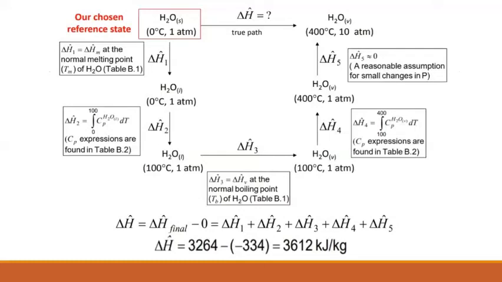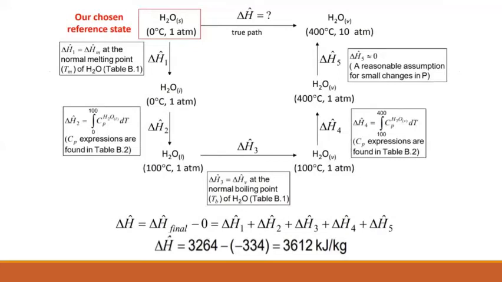And lastly, H5 is the shift of the pressure, from 1 atm to 10 atm. But in this case, H5 is approximately equal to 0 because we assume that the pressure change is small and won't affect the enthalpy much, so we can assume it as 0.